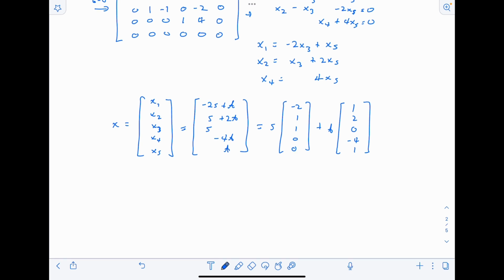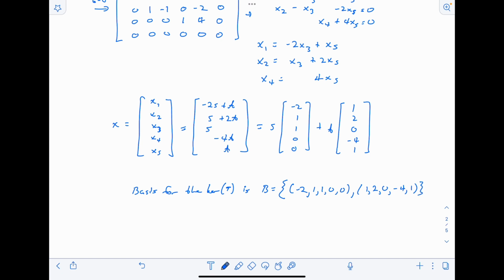So our basis for the kernel of T, we'll call this B, is given by (-2, 1, 1, 0, 0) and (1, 2, 0, -4, 1).